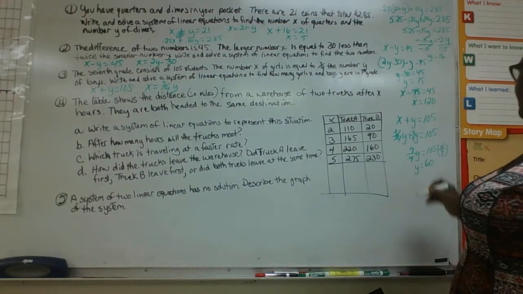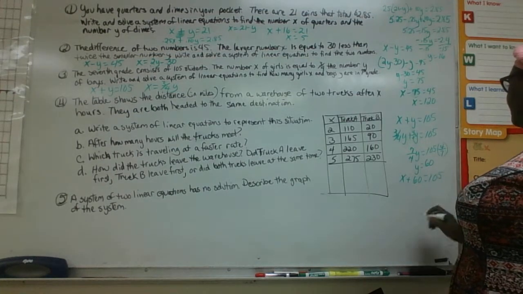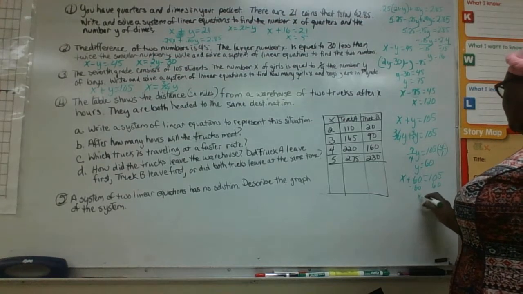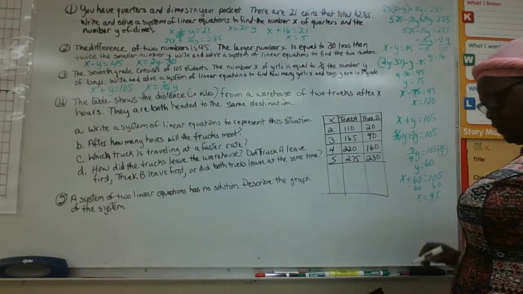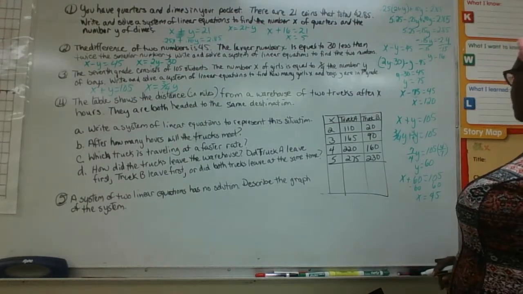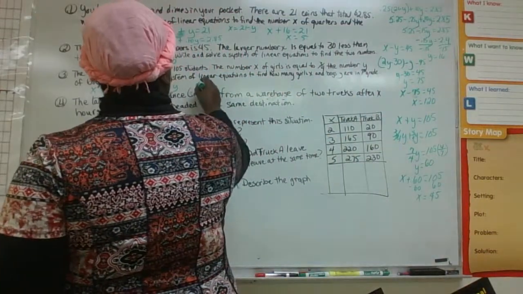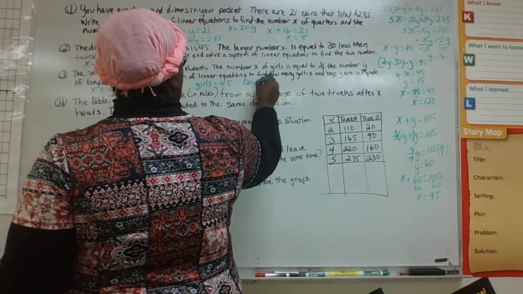So if this is 60, x plus 60 equals 105. So let's move the 60 over, and so therefore x is going to be equal to 45, okay? So the girls equals 45, and the boys equals 60.